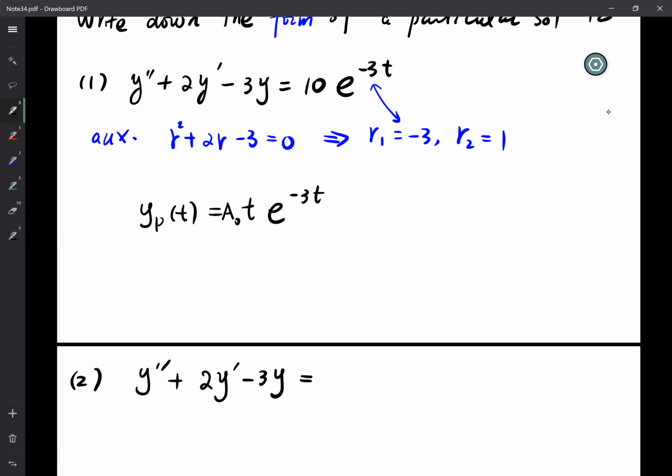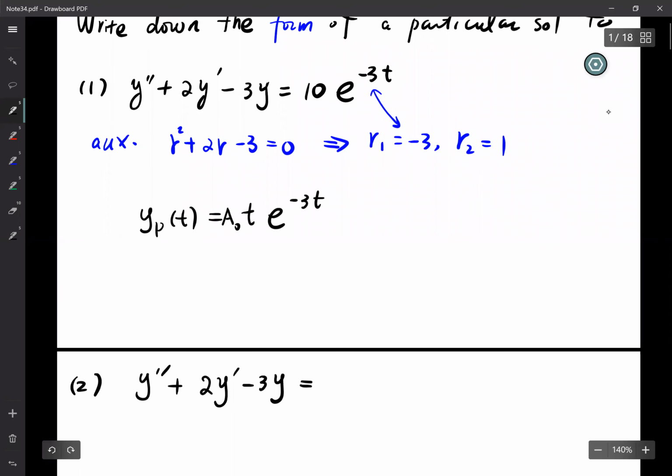If you look at the lecture notes from the previous class, you'll find that if the auxiliary equation gives you, let's say, r plus 3 squared, then you will have t squared. If the auxiliary equation looks like this, then minus 3 is called a double root, and yes, you need a t squared.